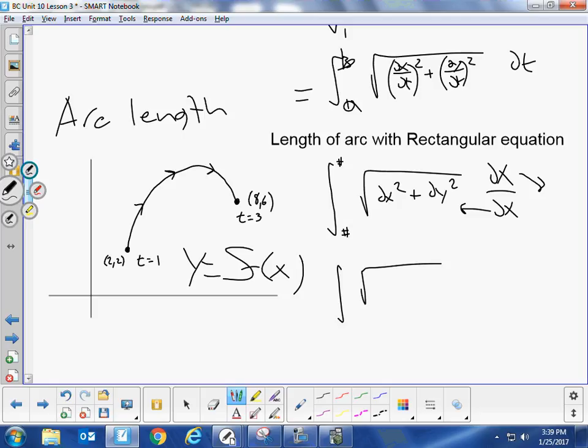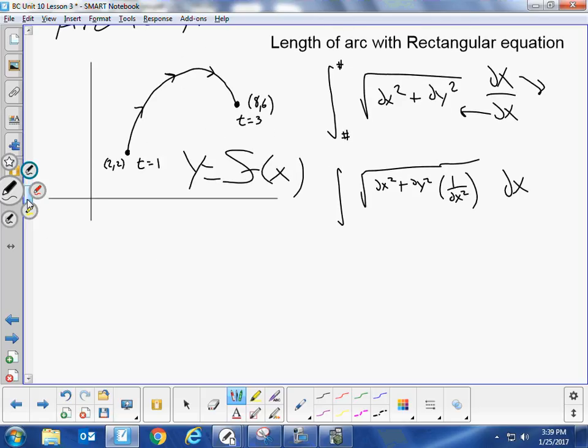Well, same thing that happened before. I'd have dx squared plus dy squared times 1 over dx squared times dx. Then I would distribute that. And I'd get dx squared over dx squared plus dy squared over dx squared times dx.